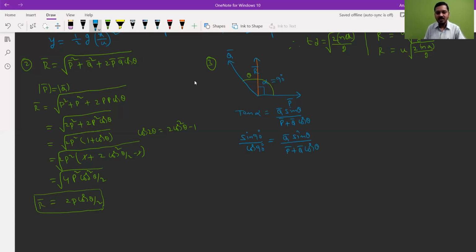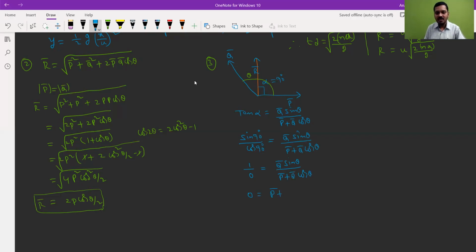Sin 90 value is 1, cos 90 is 0. So 1 by 0 is equal to Q bar sin theta divided by P bar plus Q bar cos theta. Just equating the denominator values.